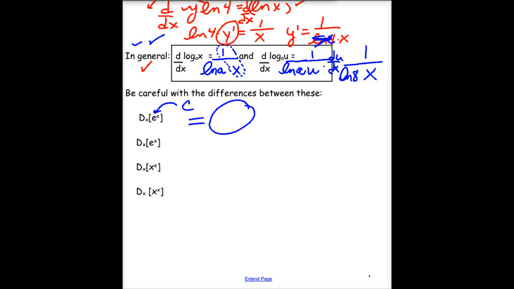The derivative of e to the x is just e to the x. However, the derivative of x to the e, again, e is a constant. It's like x to the 4th would be 4x cubed. Well, x to the e would be e times x to the e minus 1, dropping down 1. So be very careful with these.